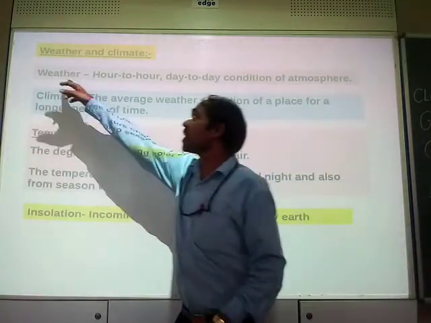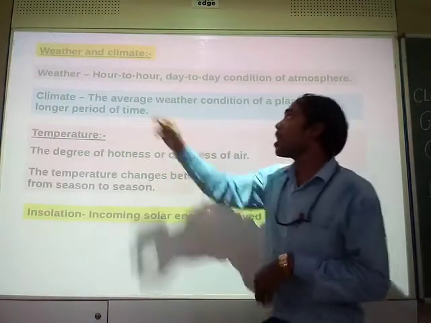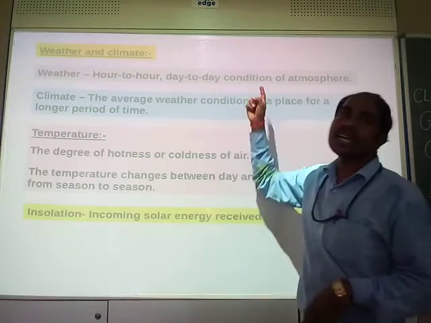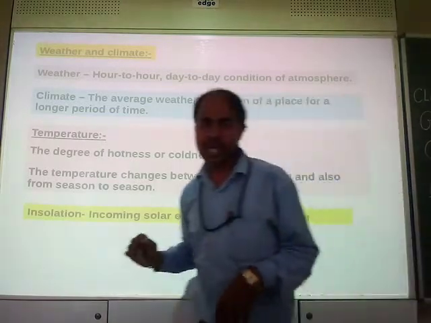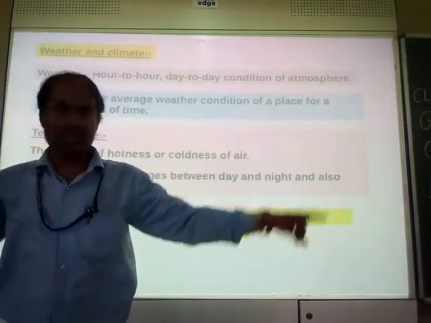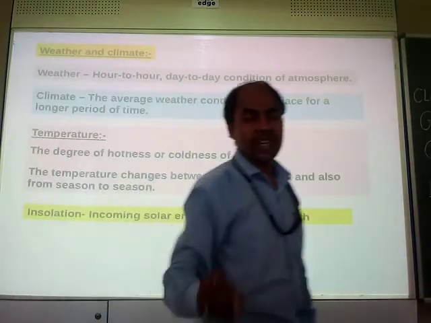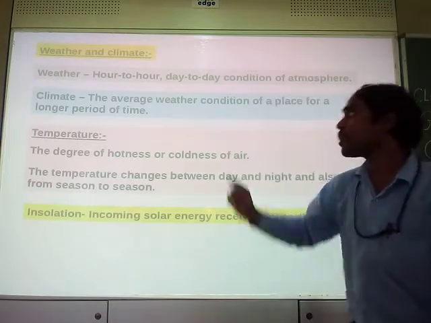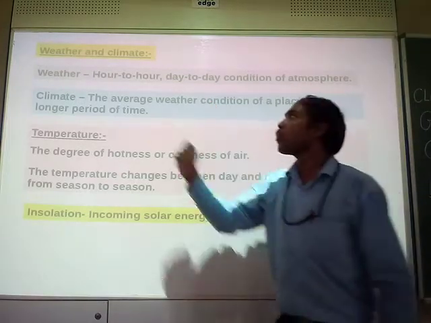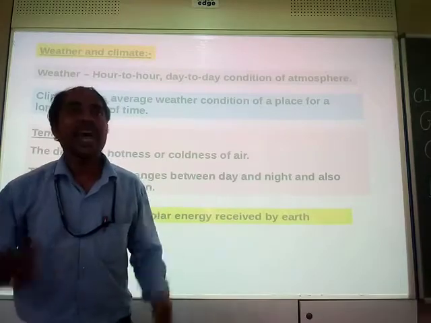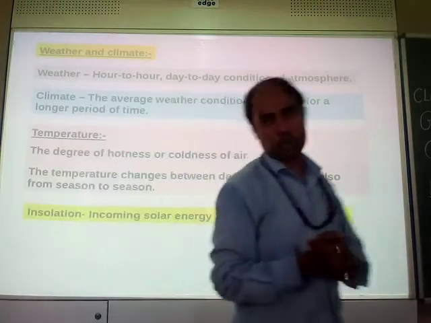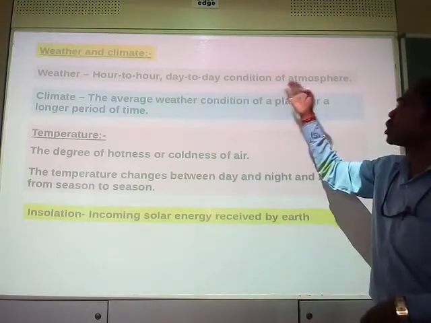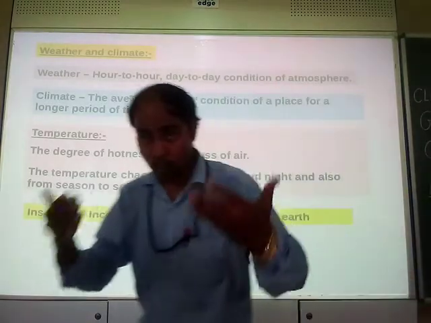So weather can be defined as hour to hour, day to day condition of atmosphere, the condition of the atmosphere which exists for shorter period of time, say for a day or two, for few hours.